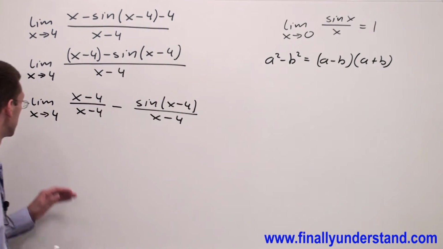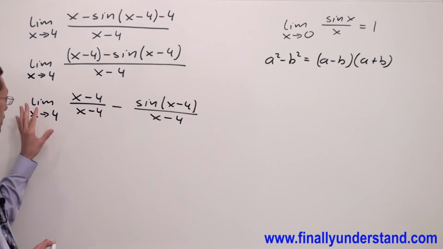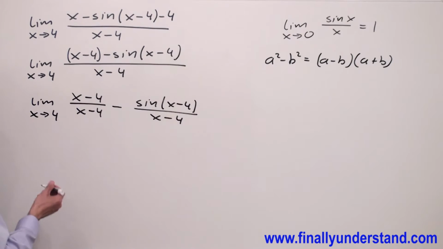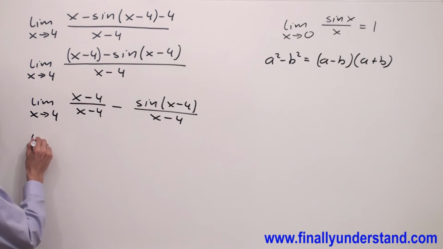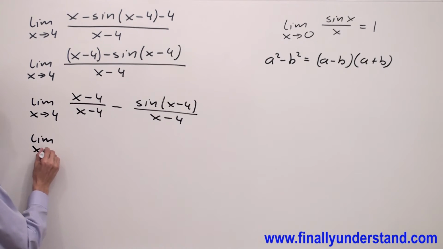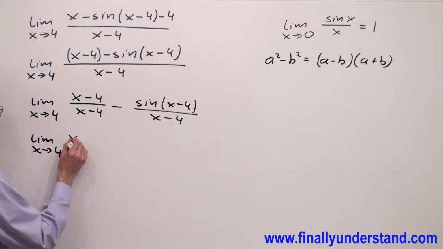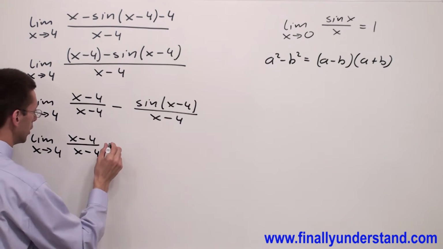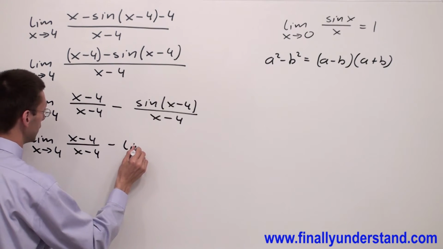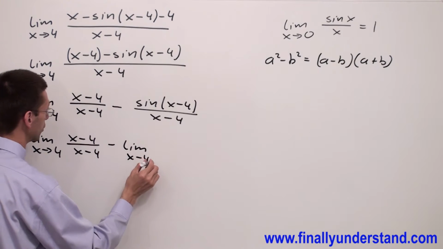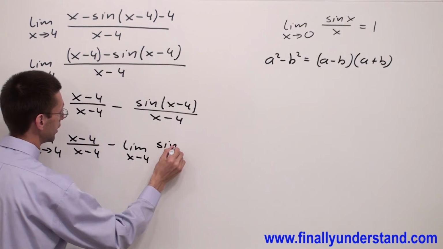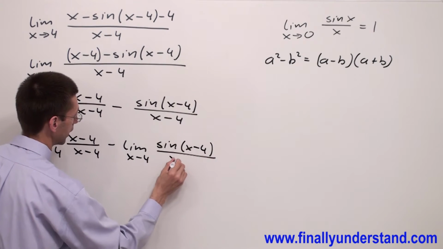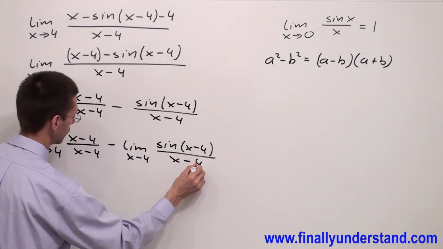The limit of the difference is equal to the difference of limits. That's why I can rewrite this as the limit with x approaching 4 of x minus 4 over x minus 4 minus the limit of sine x minus 4 over x minus 4.